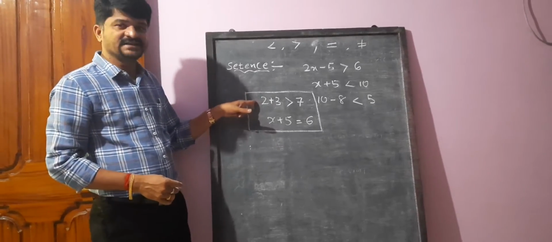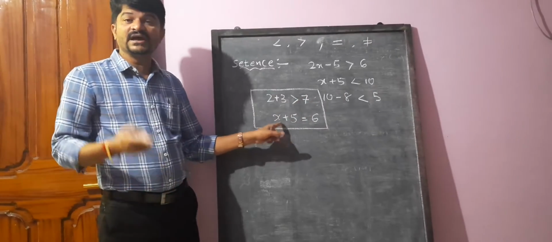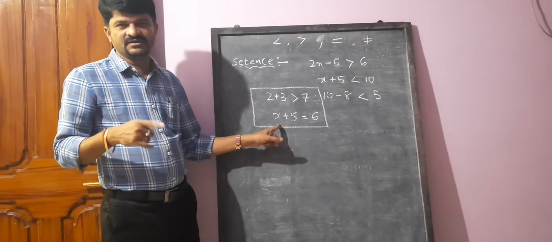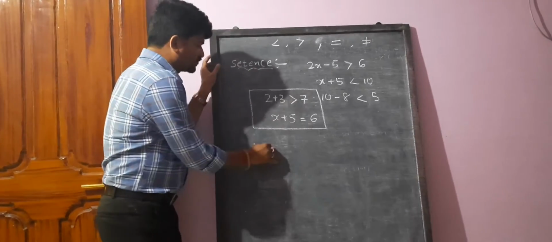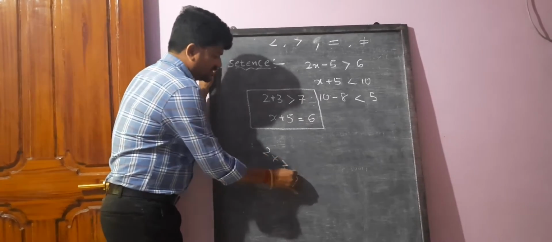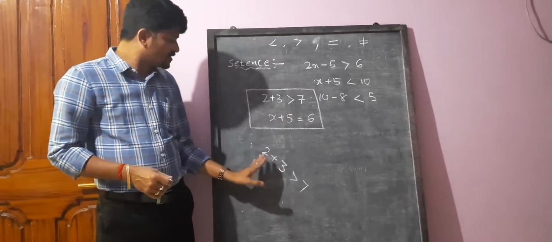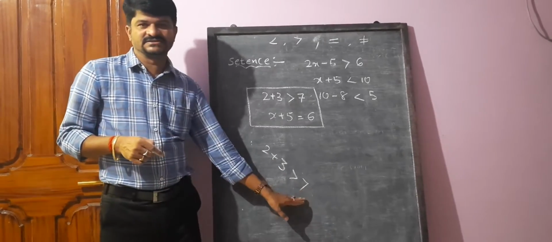Here in this sentence, no variable. In this sentence, we have used one variable, one literal value. Is it clear? And in the case of 2 plus 3 greater than 7, if I ask a question, what can you say about this sentence?